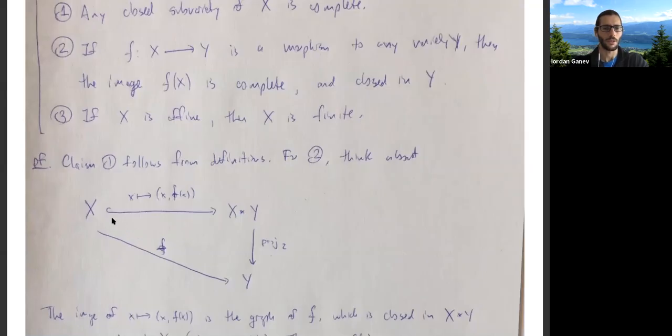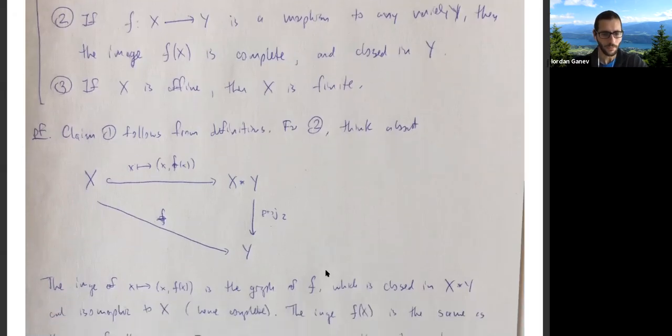The map F is first the inclusion of X as the graph inside of X cross Y, so X goes to X comma F of X. That's the graph. And then we project onto the second coordinate. That composition is just F.